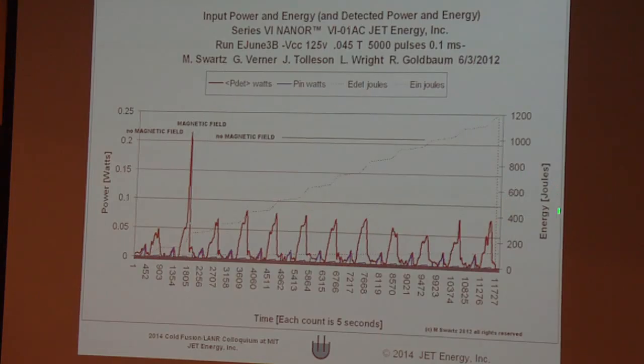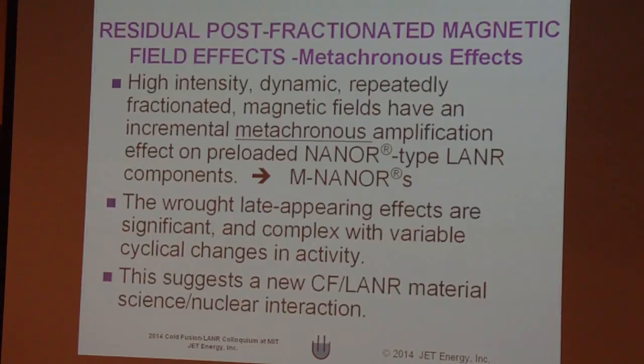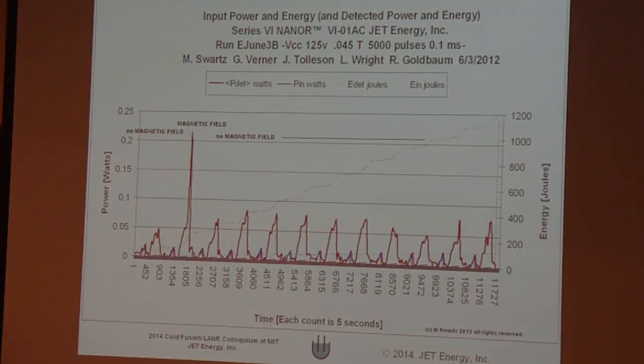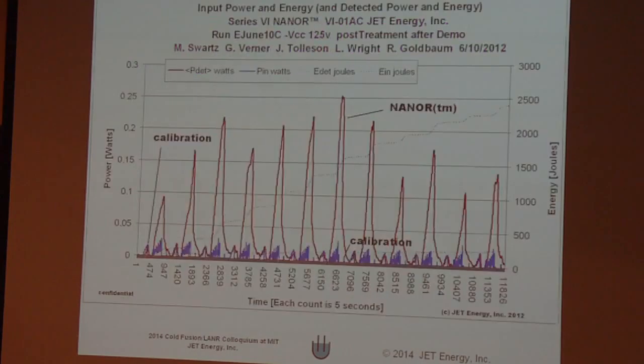We see a cycle. For some reason, once we magnetize these devices and then treat them, they are interacting with themselves. I don't know if it's a reorganization of material, a restructuring, a redistribution of the fuel inside, but never have we seen anything like this before, where we have always seen a slow fall off, an exponential fall, and here we're seeing something else, and it continues.